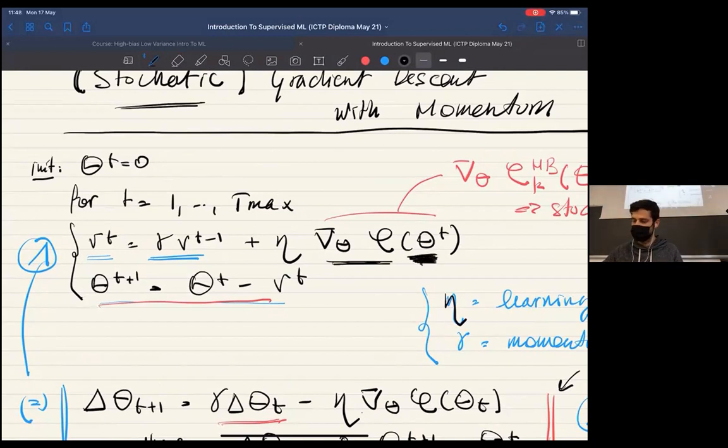Then you update the position at time t+1 according to this rule, which is the old value minus this velocity vector that has been computed according to the rule above, where theta t appears, where the gradient has been computed at your actual position.